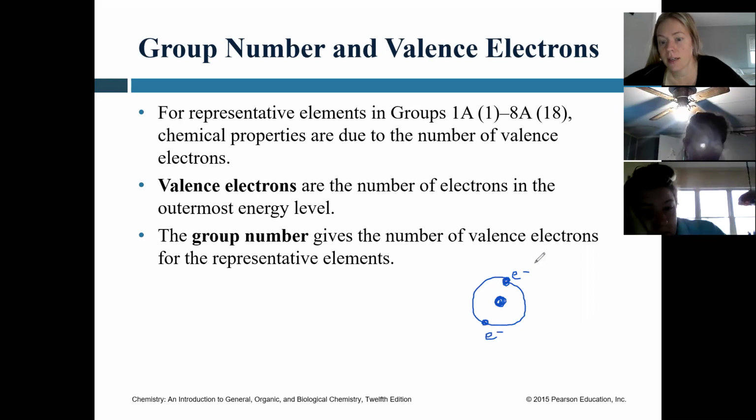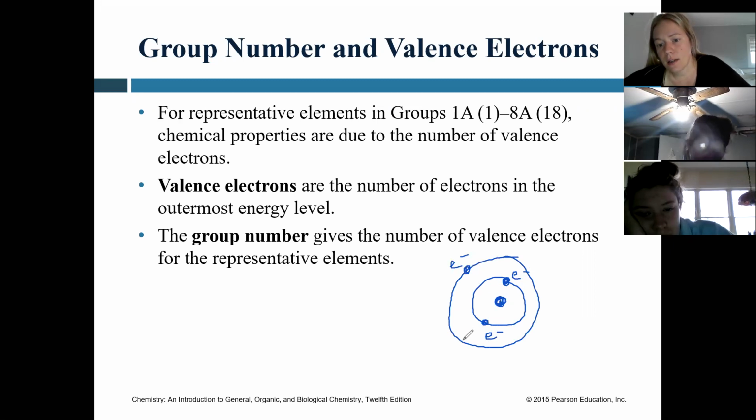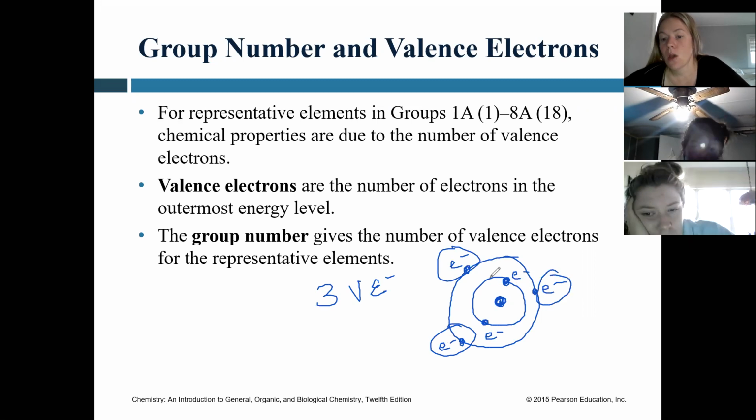And we said that first onion layer can only hold 2 electrons. Then we've got our second onion layer, and I've got an electron here and an electron here and an electron over here. I would say this thing has 3 valence electrons. 1, 2, 3. We don't include the guys in the center.